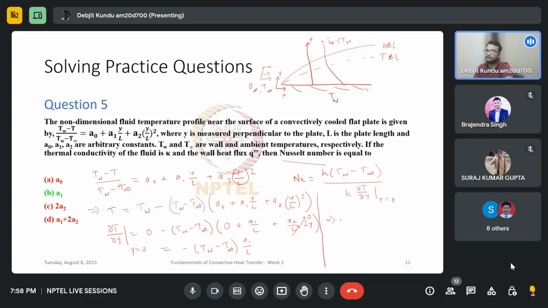Now, we'll try to compute this Nusselt number once again. So this will be h into (Tw minus T infinity) divided by k into minus of (Tw minus T infinity) A1 over L. This and this cancel out.